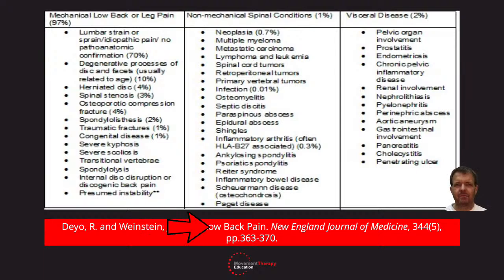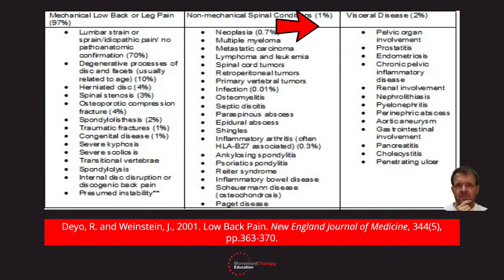This is the paper, so you can have a read of it if you want to. Mechanical lower back pain or leg pain accounts for 97% of the things that you see, or will see if you do that kind of job.